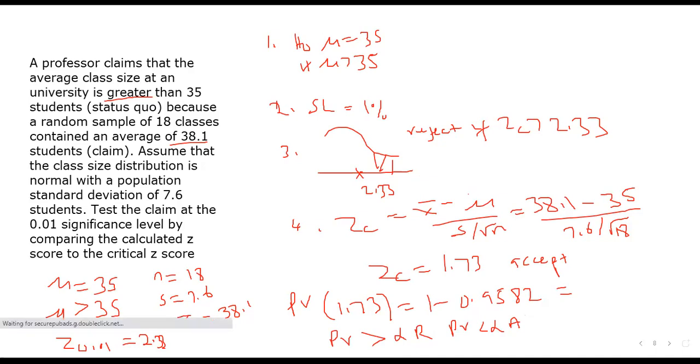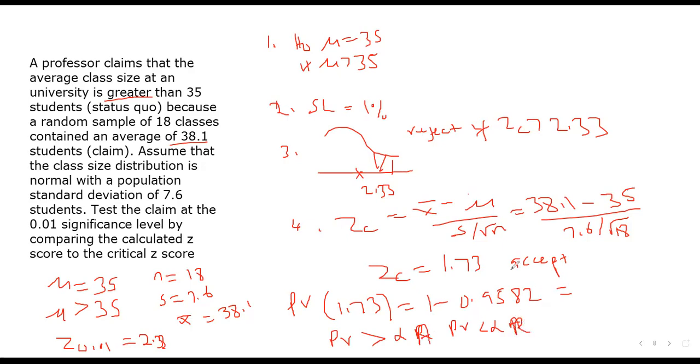Okay. So when the p-value is greater than the alpha, it's the opposite. If the p-value is greater than the alpha, we accept. If it's less than the alpha, we reject.